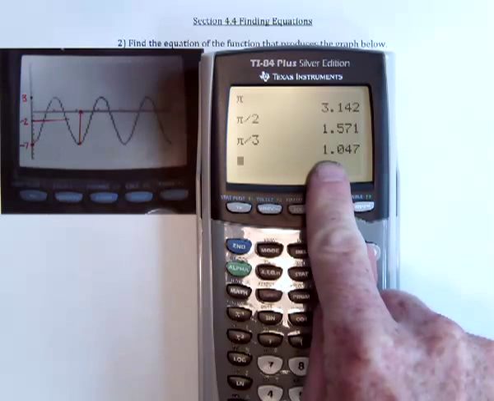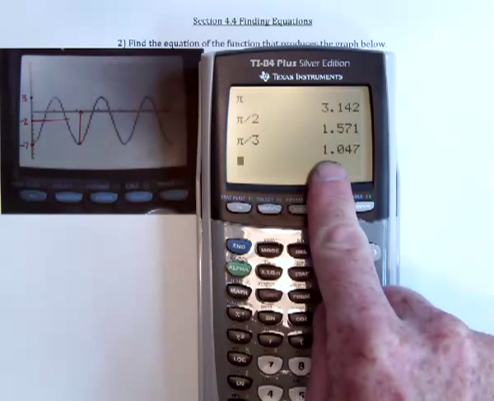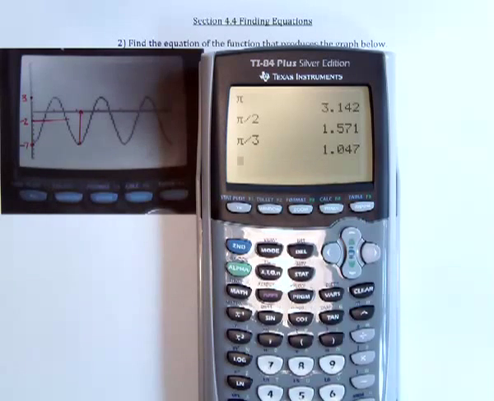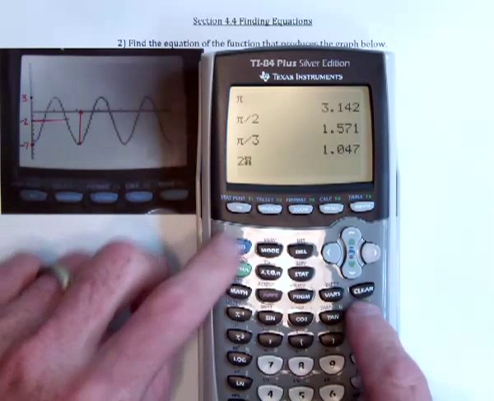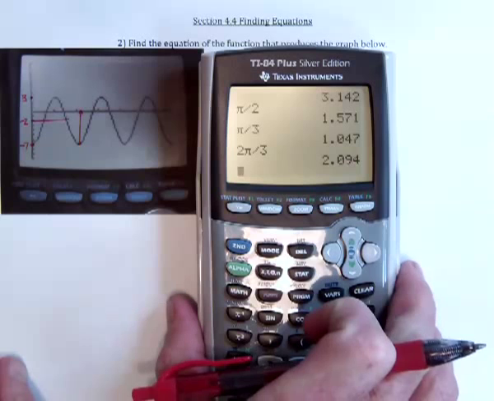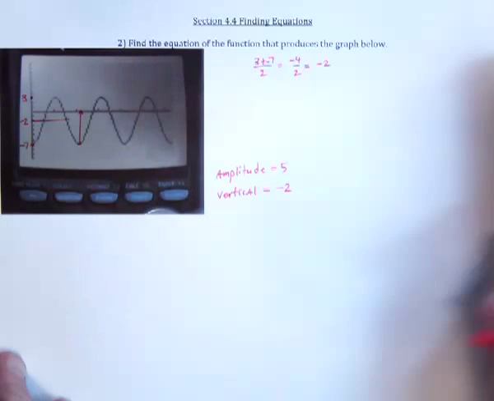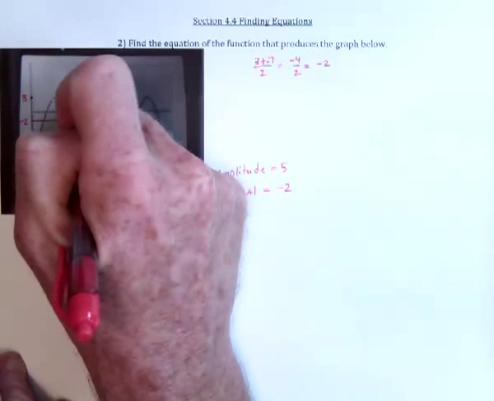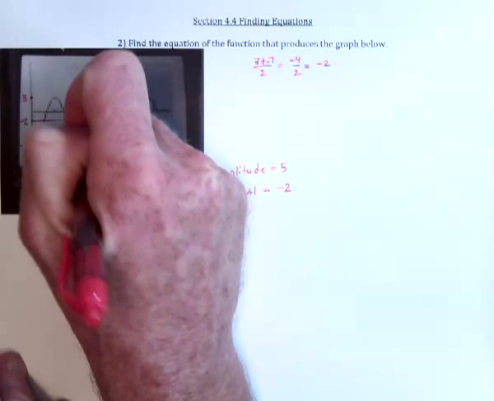But then I noticed that this, if I were to double it, is going to be 2 point something small. So if I have double that, so 2 pi divided by 3, it's approximately 2.1. So I'm going to go with that. Of course, if you want to just use 2.1, that's fine, but I want to be a little more accurate and say this is at 2 pi divided by 3.